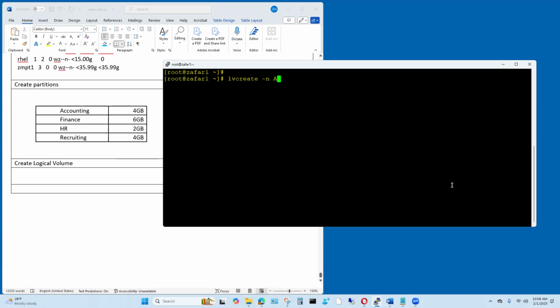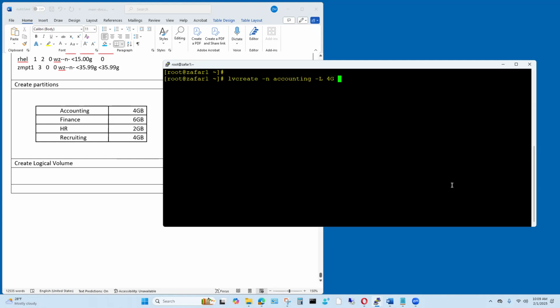I'm going to give the name, keeping everything lowercase, accounting. And then uppercase L, and you have to give the size, which is 4G. You don't have to type GB, you just type 4G, capital G. Lower g won't work.